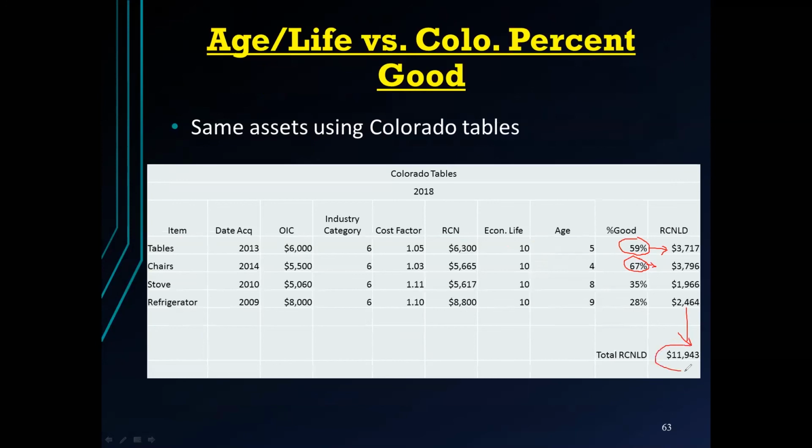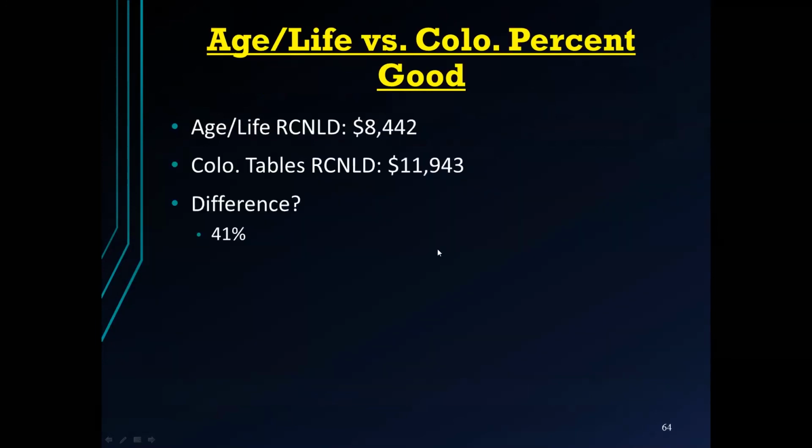Now notice what this number is, 11,943. Let's compare that to what we just came up with. The RCNLD using the age life methodology was $8,442. The RCNLD using the tables was $11,943. That's a 41% difference. And so you can see that you can use an age life methodology to estimate depreciation and come up with something that's less than the tables.